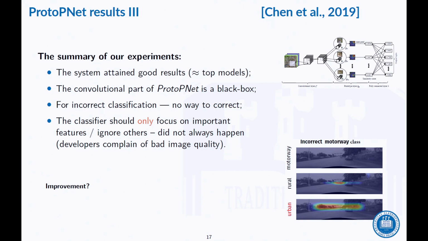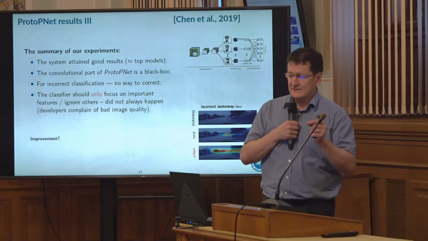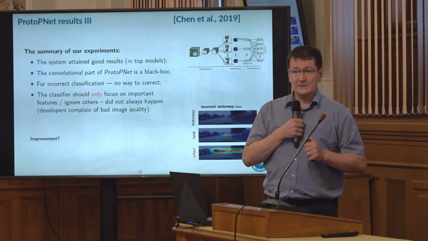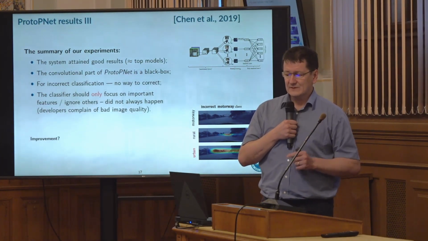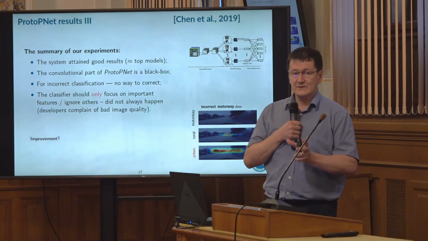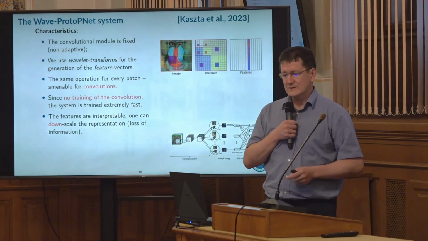So the conclusion that we drew is that these prototype networks, in spite of being good, might be improved. One specific aspect of the system that we attacked was the non-linear backbone, and we said, why not have something we call locally linear, and do the decomposition along those lines.